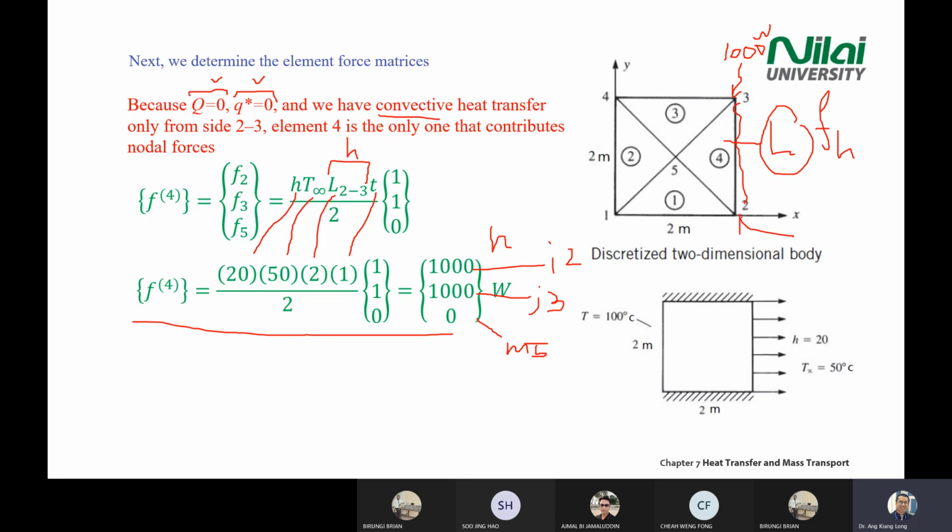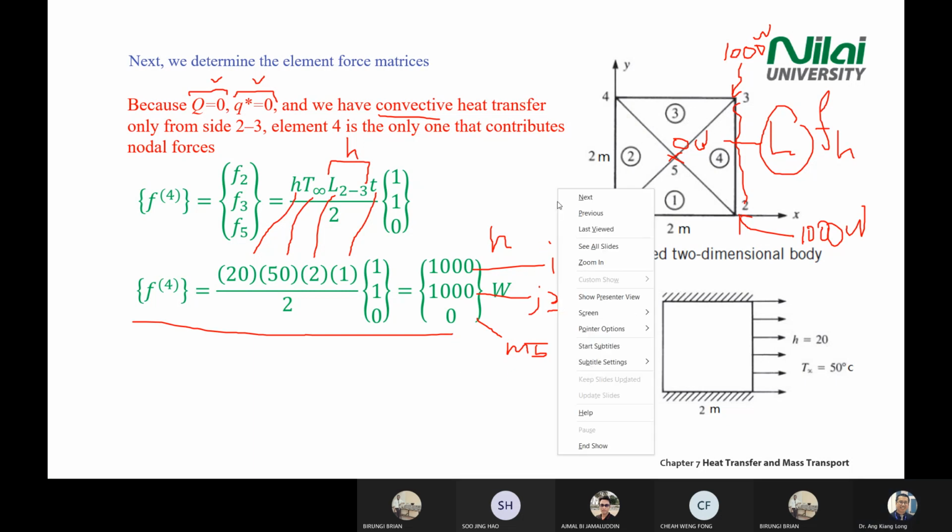Convection at point 2 is 1000 watt. At point 5, there is no convection, so 0 watt at point 5. So far, everyone good about the value, the meaning of value in the matrix? Okay.